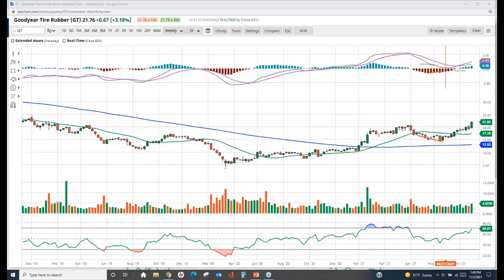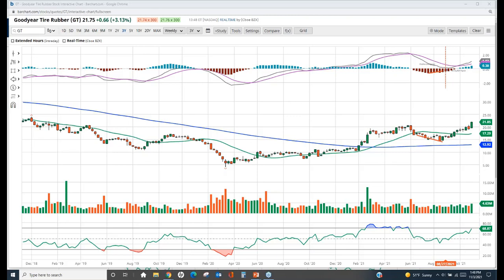David asked, when you say widening of the histogram, don't you really mean the height? Yes, I mean the wider the difference between our signal line and our MACD line, the wider they get, the more the difference between the two will increase the height, or narrow the height, of a MACD.